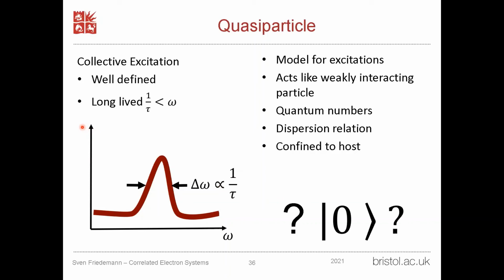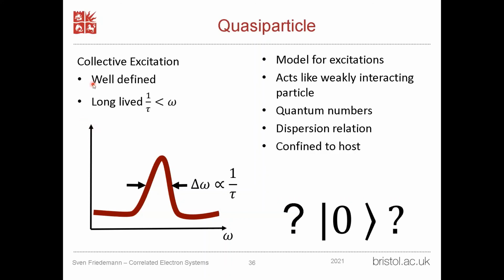plot of what you'd call spectral weight here, or intensity, versus energy, which here I've written as omega, so ħω equals an energy, of course. In a plot like this, you've got an increased spectral weight at a specific energy, and that energy is indeed related now to the quasiparticle weight.